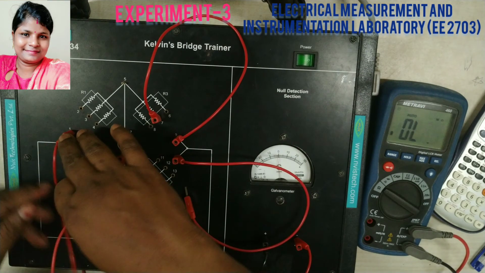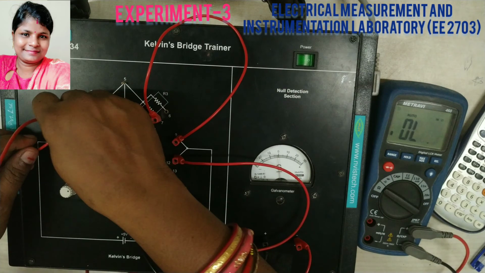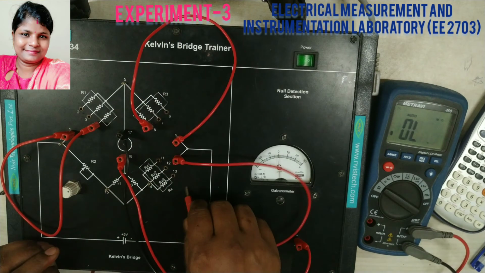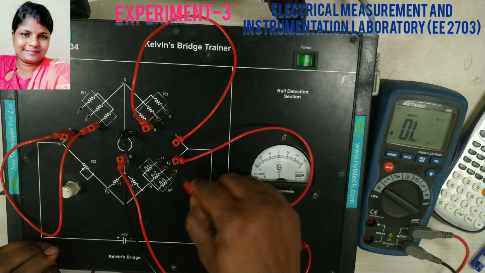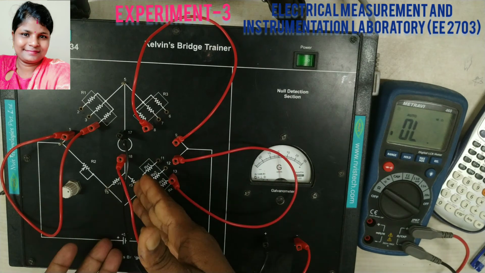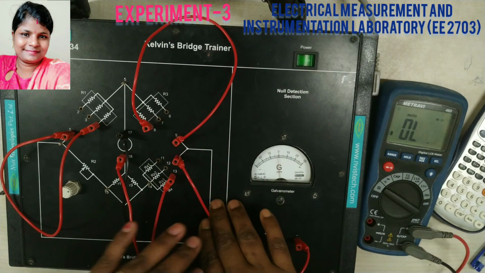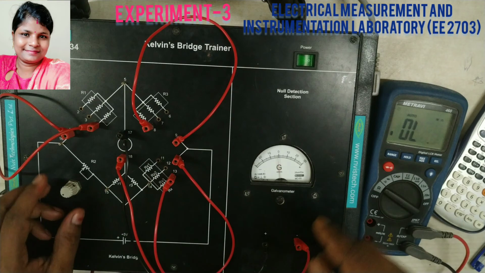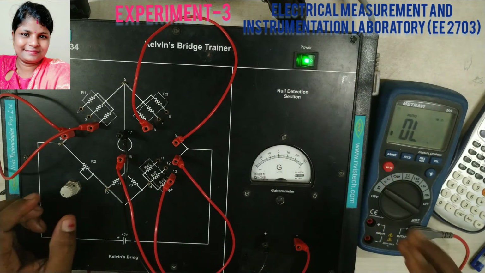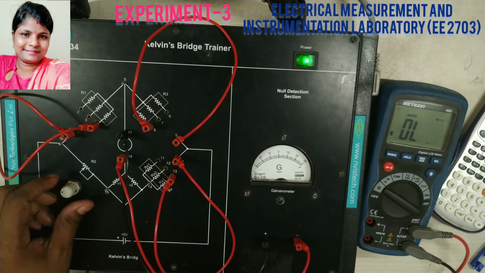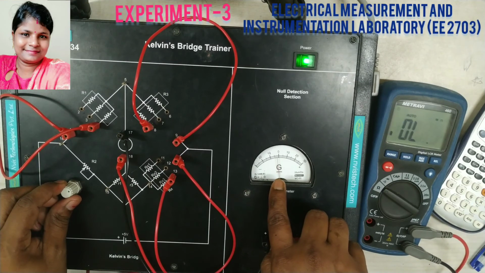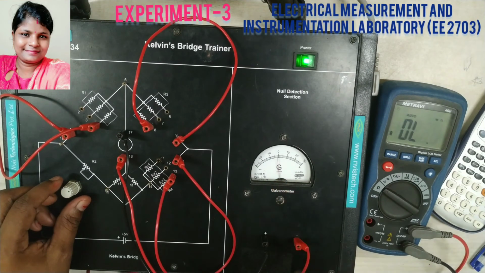Connect the patch cord between 1 to 4, 9 to 10, and this connection is same as before, 10 to 13, and the Kelvin bridge and galvanometer connection is same as before, and this potentiometer should be in minimum position. So switch on the power and rotate the potentiometer slowly until the galvanometer shows null deflection.